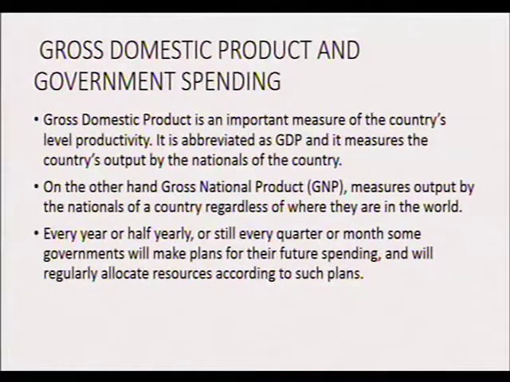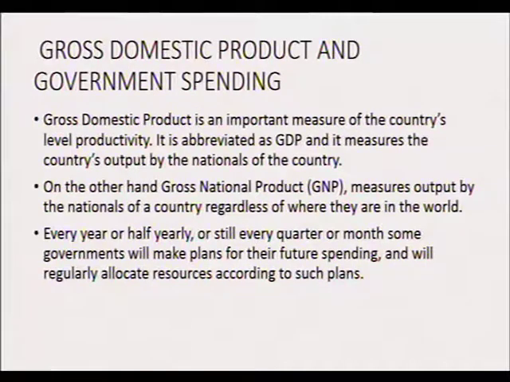The gross domestic product and government spending. Gross domestic product is one of the indicators used to test the economic performance of a country's productivity. In other words, gross domestic product is an important measure of the country's level of productivity.